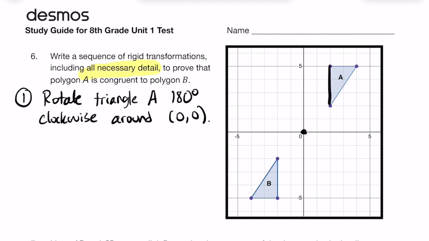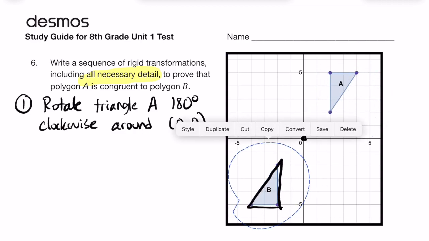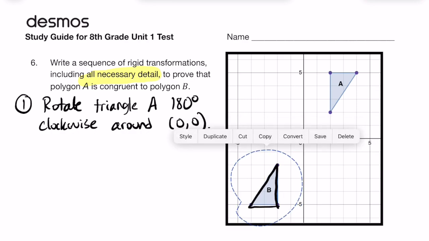If we rotate this 180 degrees around the origin, you'll get it to perfectly line up.